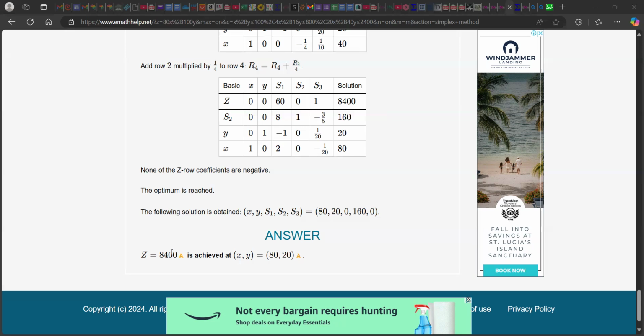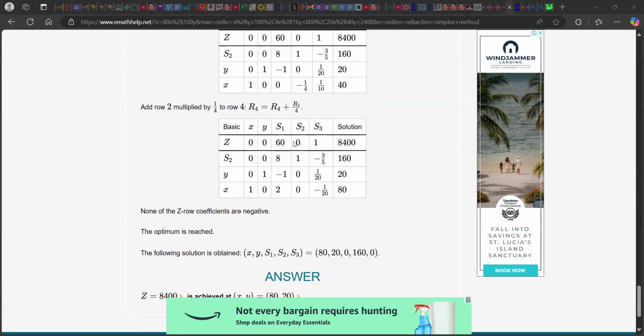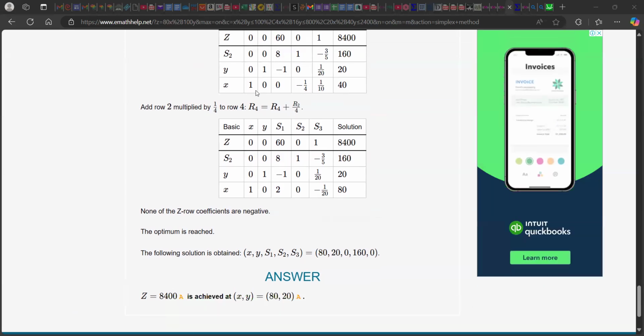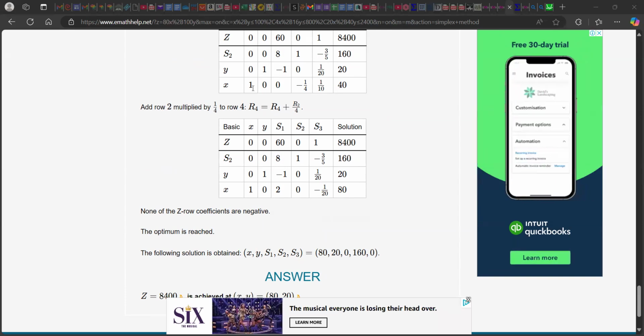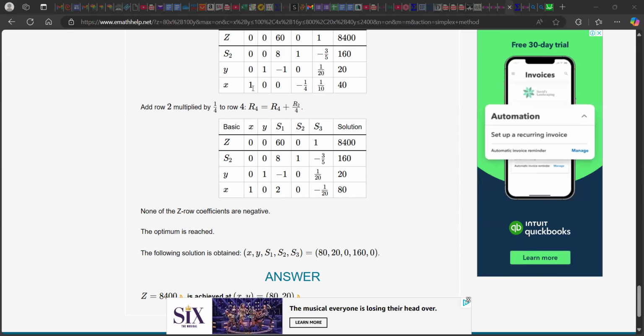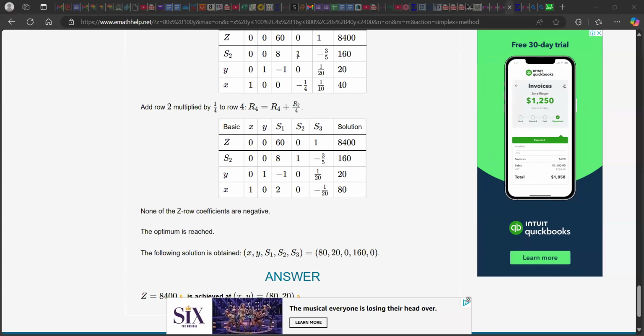Like down here, let me just show you. So X down here, where is that? Yeah, down here, S2. This is a 1, and you get a minus a quarter here. You want to get rid of this and make it into a 0. What do you do?